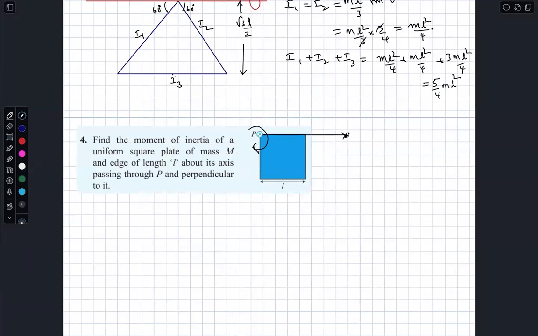We will apply it. We call this X and we call this Y. So Iz is Ix plus Iy. So ML square by 3 plus ML square by 3, which is 2 by 3 ML square. Done. Right.